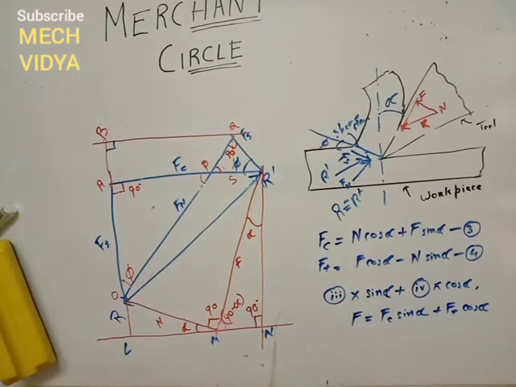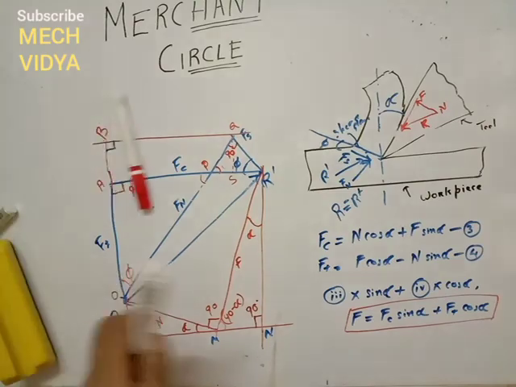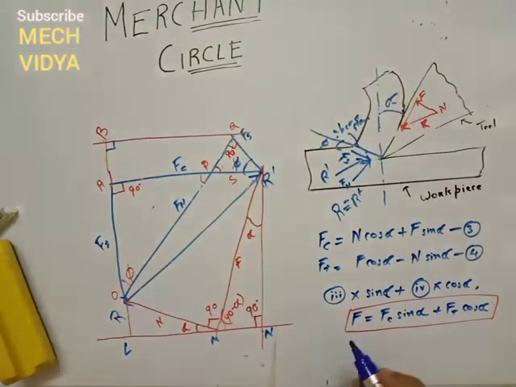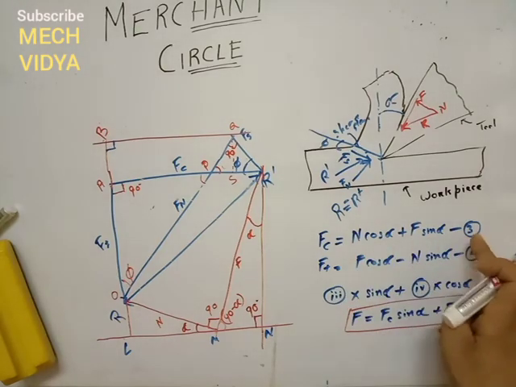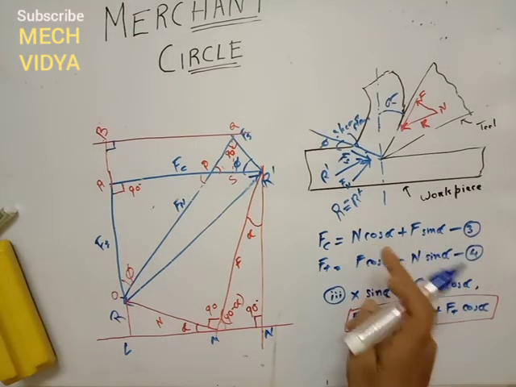Okay, so this is the equation of F, and now we have to find out the equation of N. To find out the equation of N, it is very easy. In the third equation, what is lying with N? It is cos alpha.